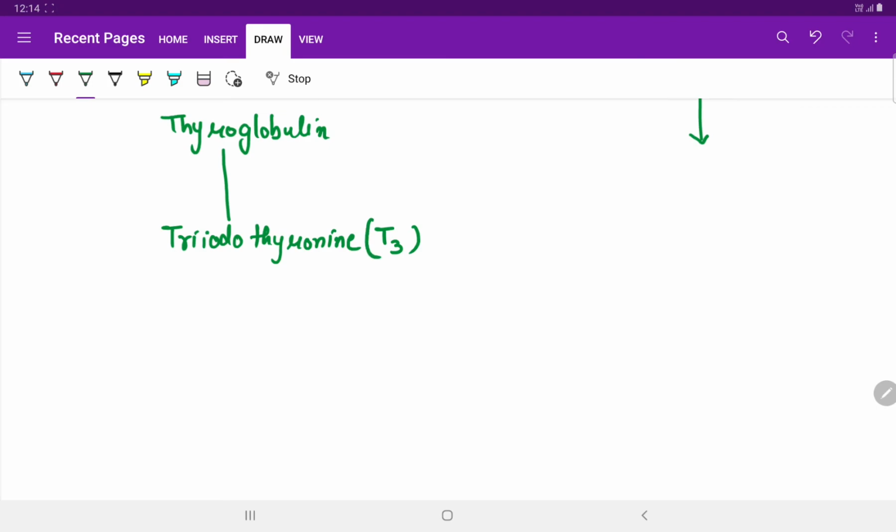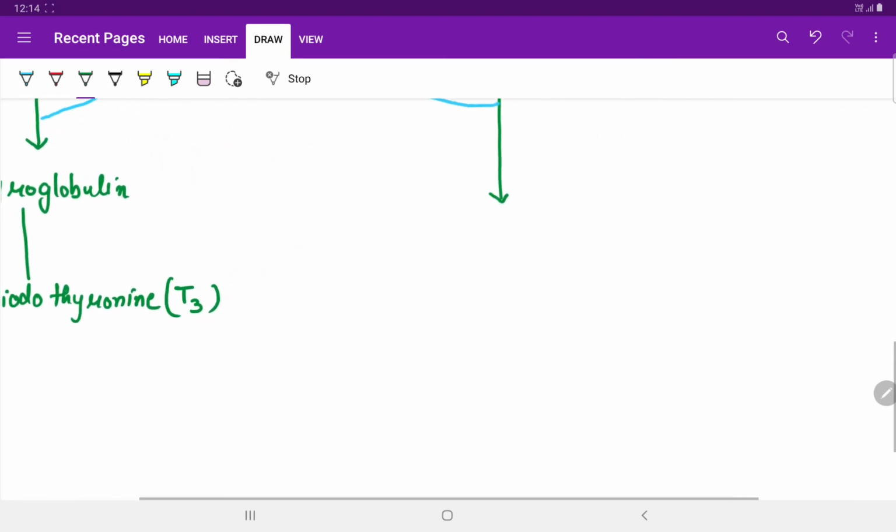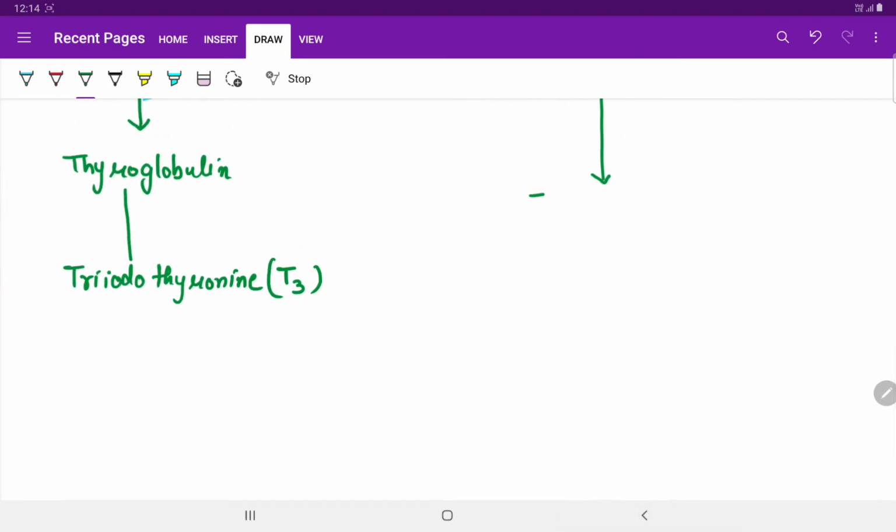So this is the T3 and now this is the T4 here.